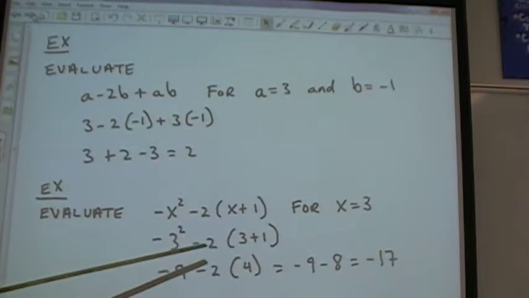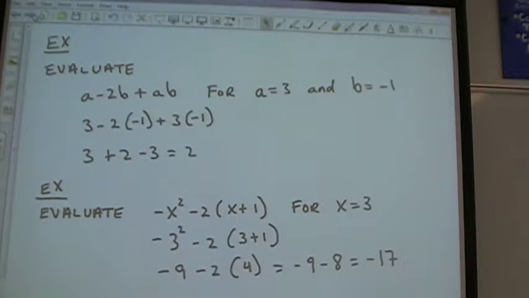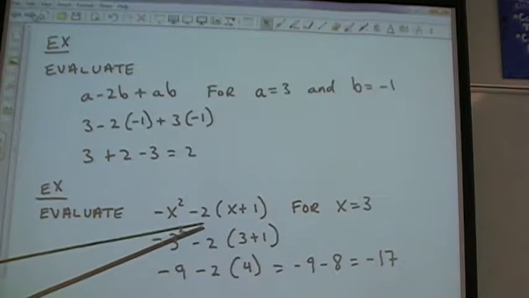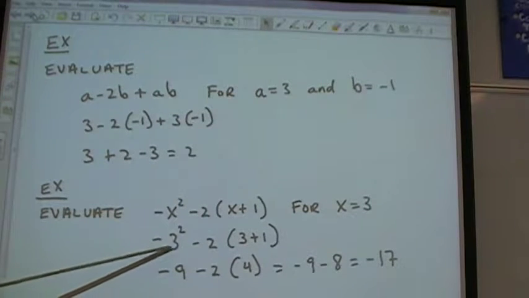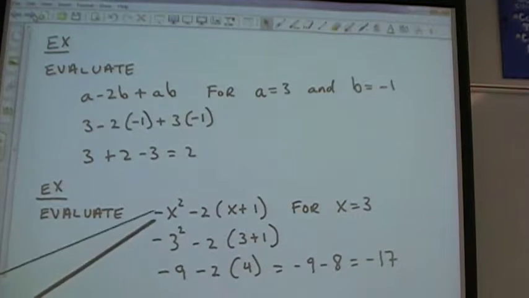We talked about this a little bit yesterday. -3 squared is different from if I had -3 in parentheses and squared that. What is -3 in parentheses squared? -9. -3 in parentheses squared is +9. But -3 squared here, I square the 3 first to get 9, then I take the negative.